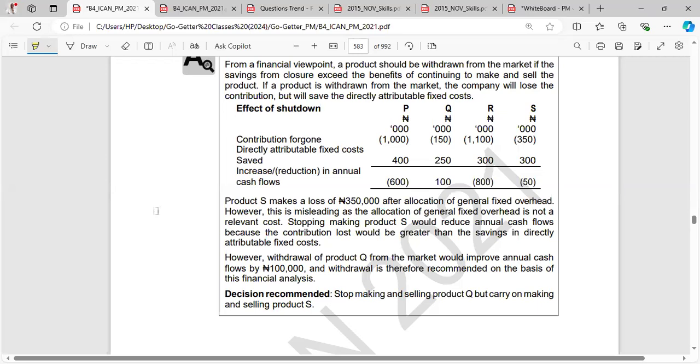What is the net cash flow? Is it going to be an increase or a reduction? If it is going to be a reduction in cash flow, don't shut it down. But if your cash flow is going to increase by shutting down, then by all means shut down.